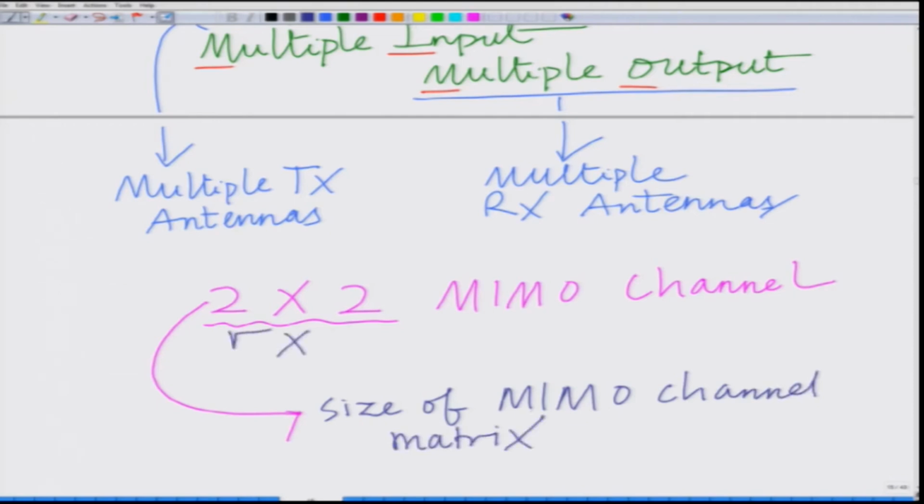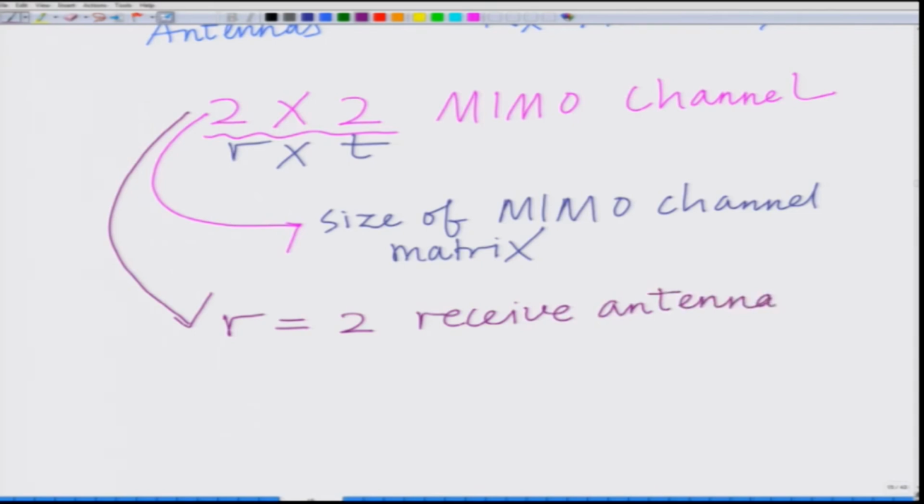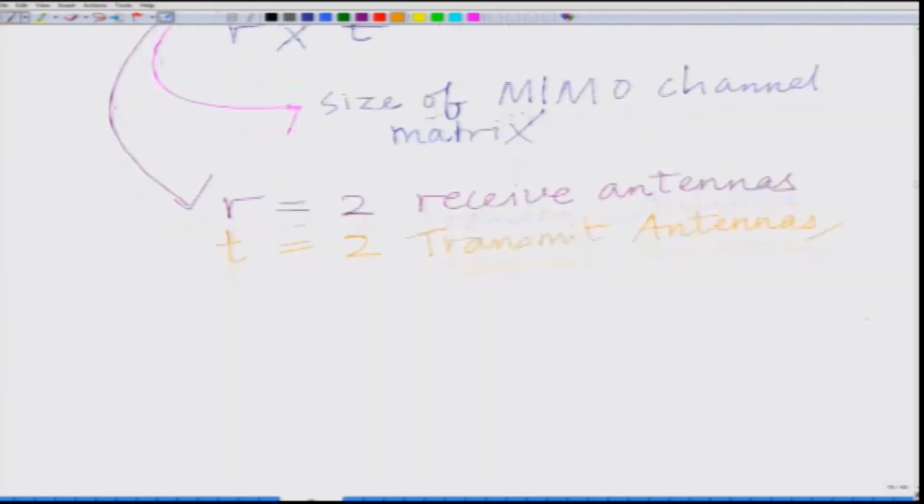So a 2 cross 2 system means we have a MIMO system with R equal to 2 receive antennas and T equal to 2 transmit or TX antennas.